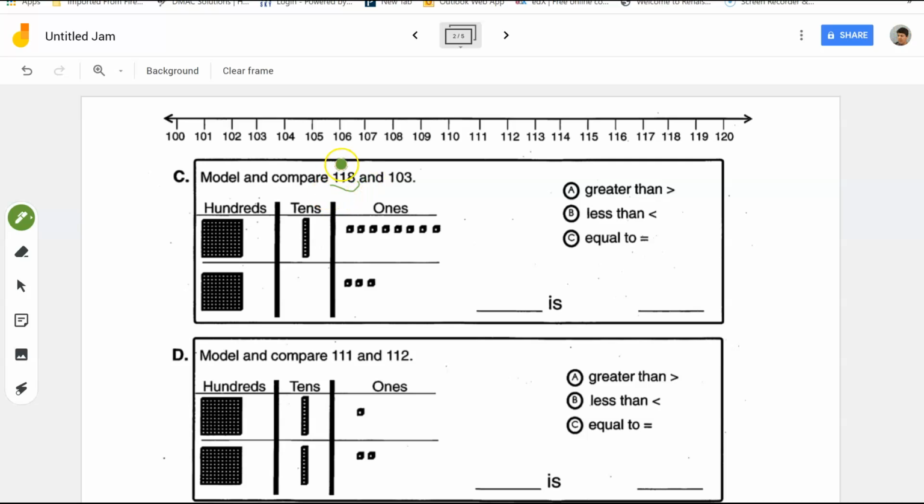Let me do my lines here. These are my hundreds, my tens, and my ones. So I have 100, it's right here, 10, and 8 ones. 1, 2, 3, 4, 5, 6, 7, 8. And then we have 103, and we do the same thing.